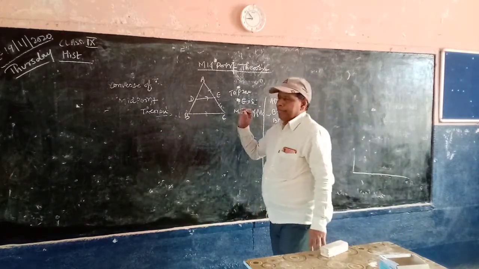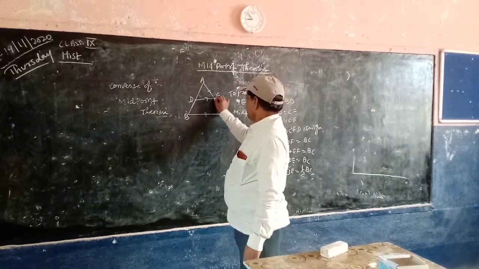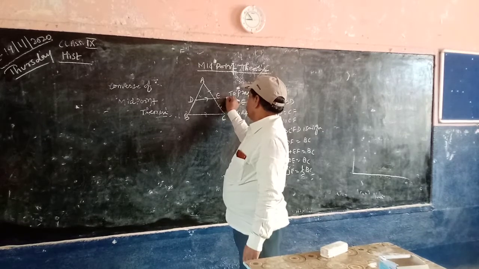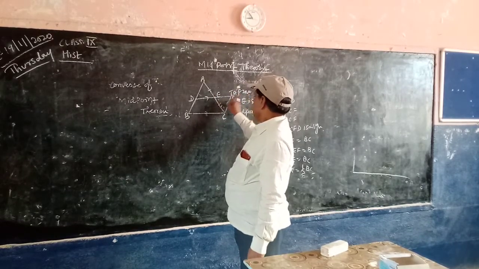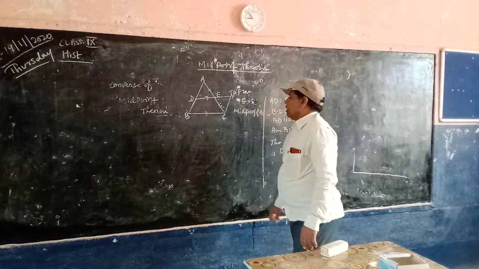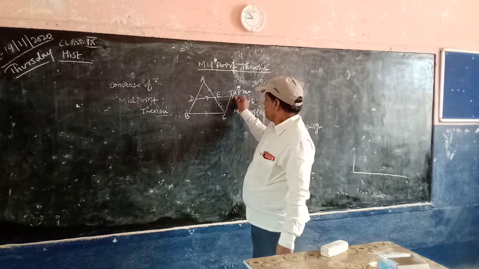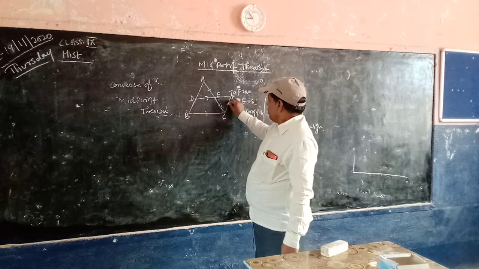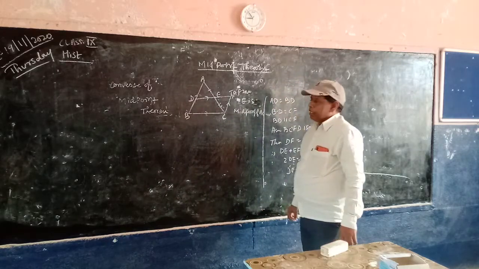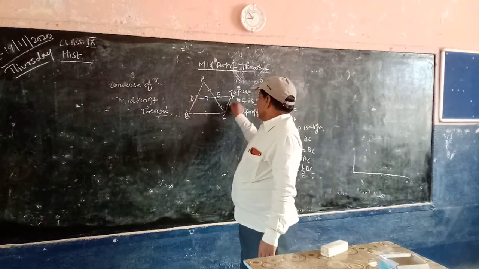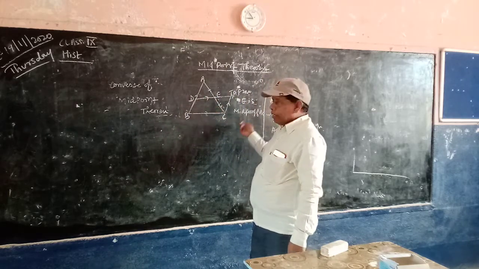And at the same time DE is produced to F such that CF parallel to AB. So BCFD is a parallelogram. Is it a parallelogram? The midpoint theorem.